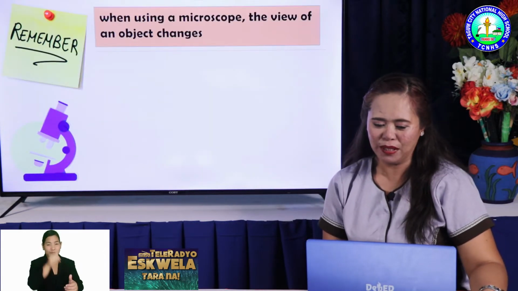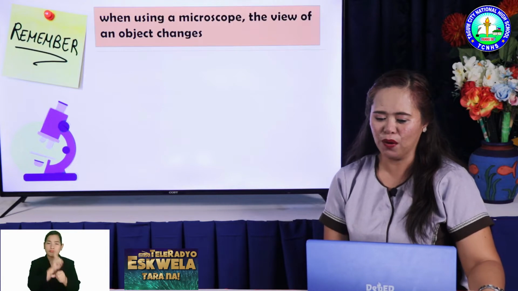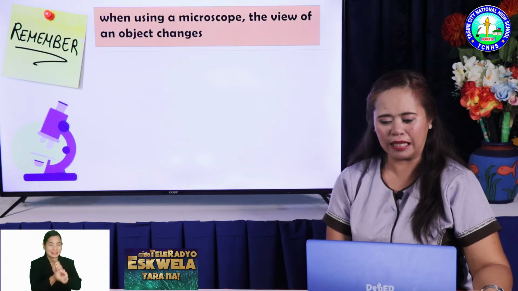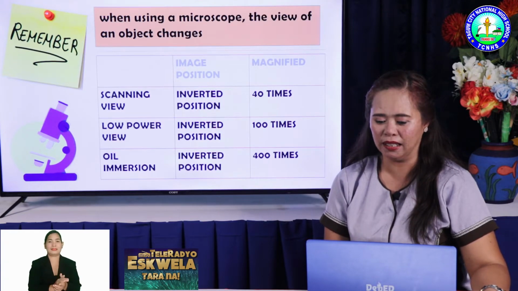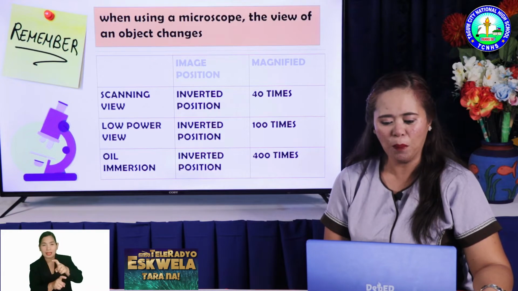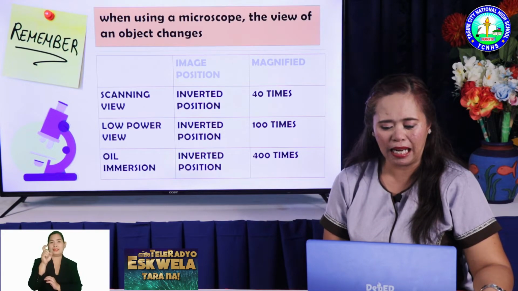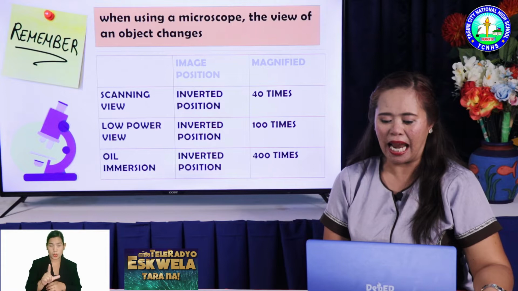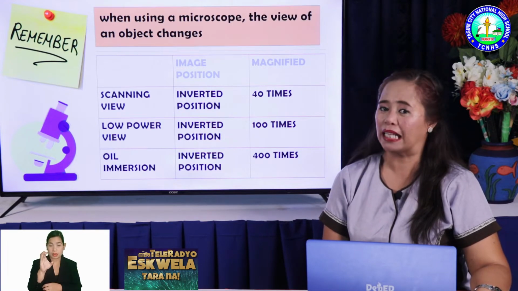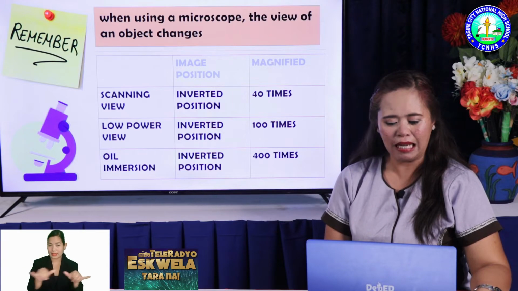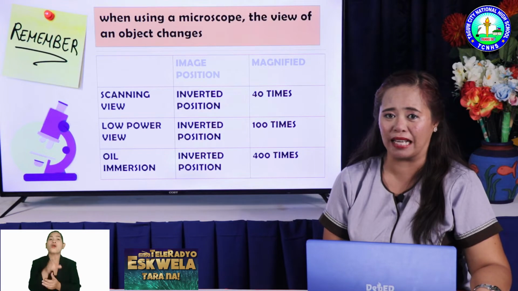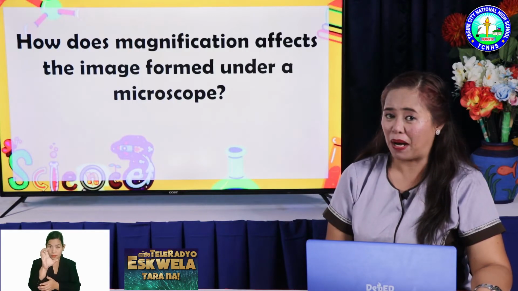Remember that when using a microscope, the view of an object changes. In scanning view, the image is inverted position and is magnified 40 times. In low power view, the image is in inverted position and is magnified 100 times. While in oil immersion, the image is in inverted position and is magnified 400 times. Now think about this.